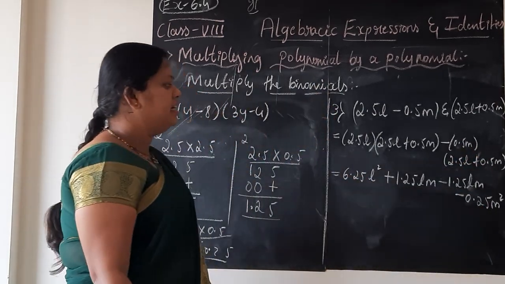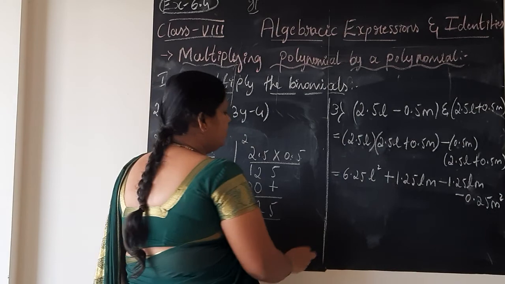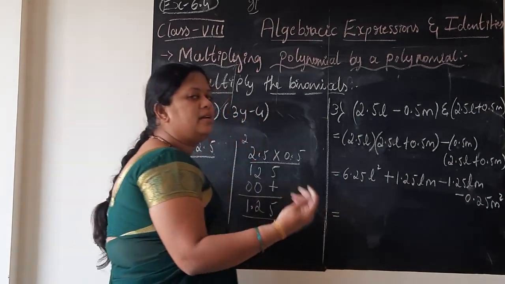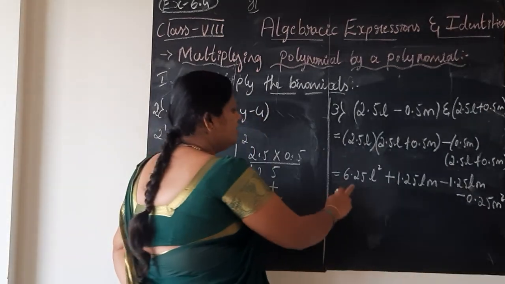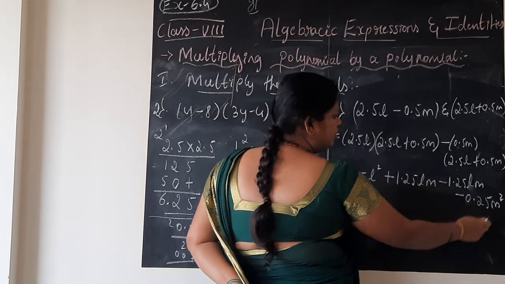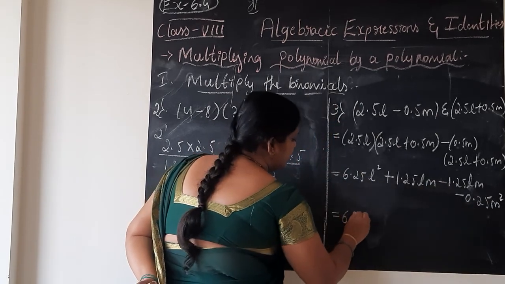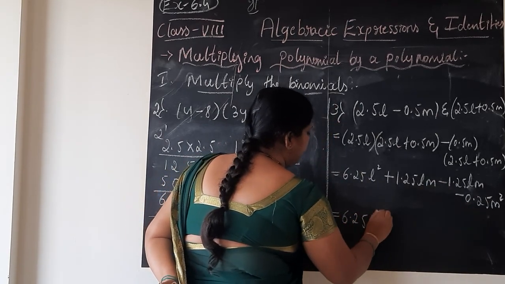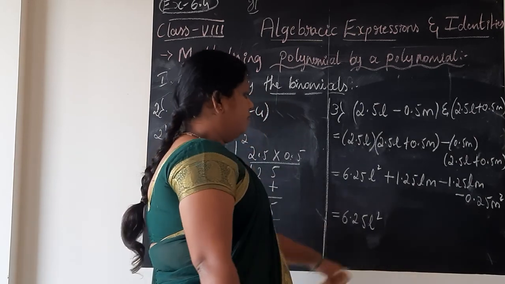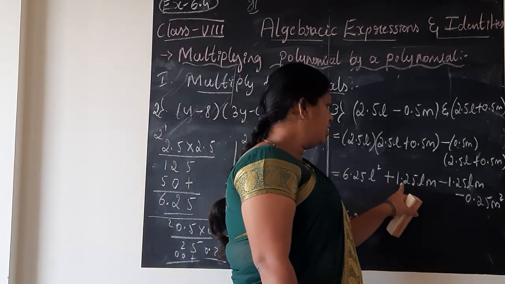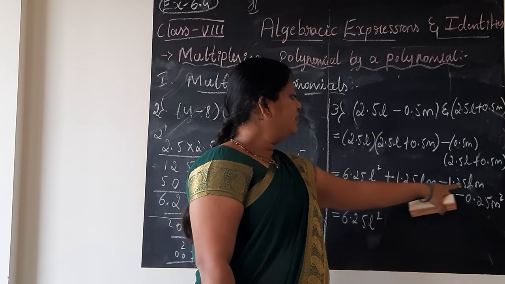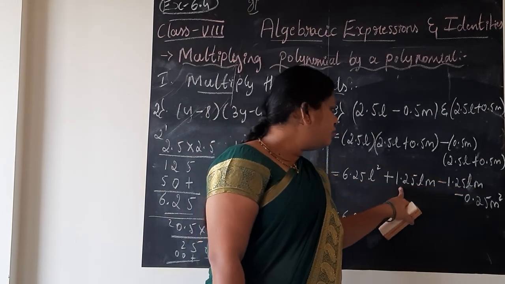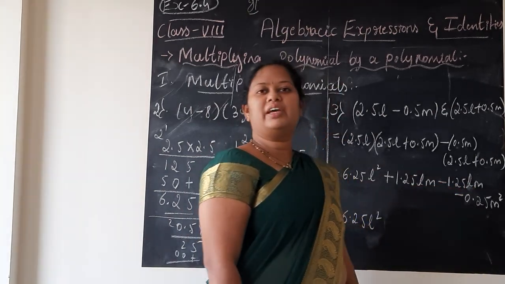Next step is the last step, children. We have to check whether you have any repeated variables. Like this 6.25 L square, anywhere do I have L square? No, so write it as it is, 6.25 L square. Look here, LM, LM. Next we have 1.25 LM minus 1.25 LM.